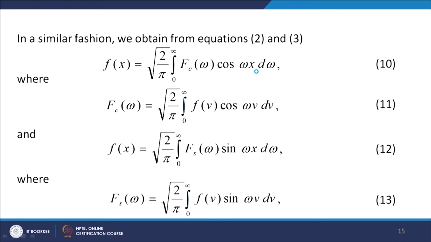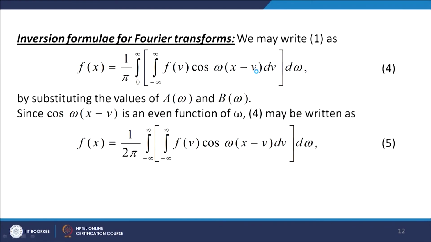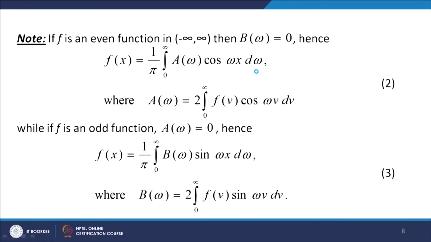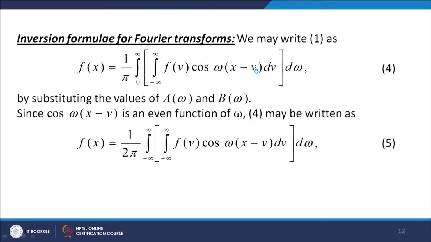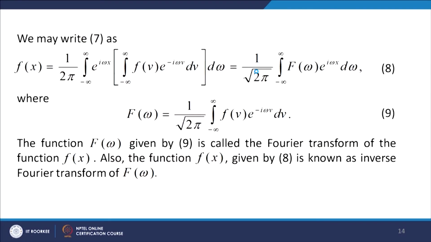In a similar manner, we can obtain results from equations 2 and 3. Let us look at equations 2 and 3. So, this is f(x) equal to 1 over pi, integral 0 to infinity, F a omega cos omega x. We will get it as two parts.